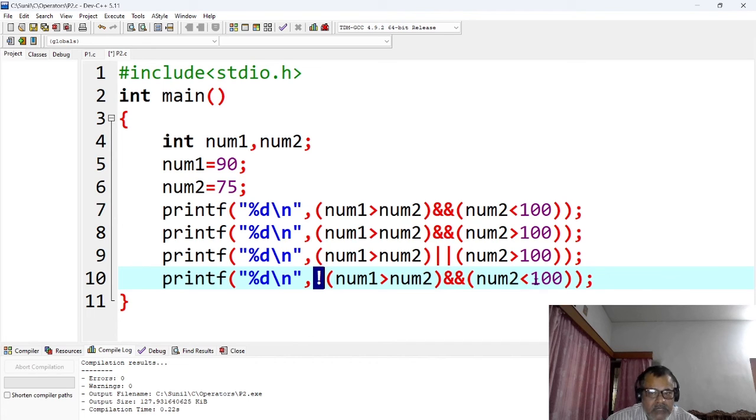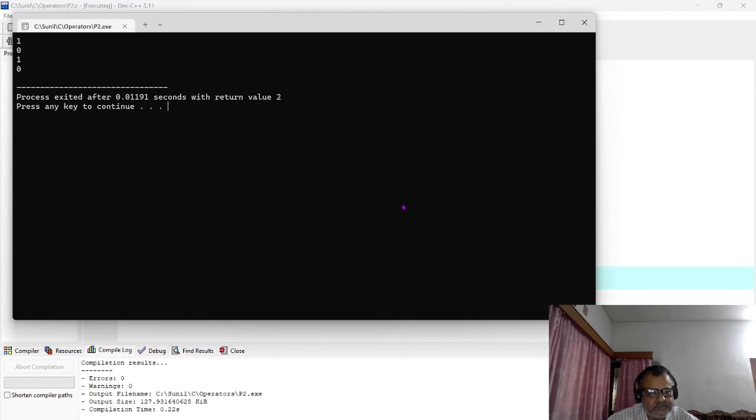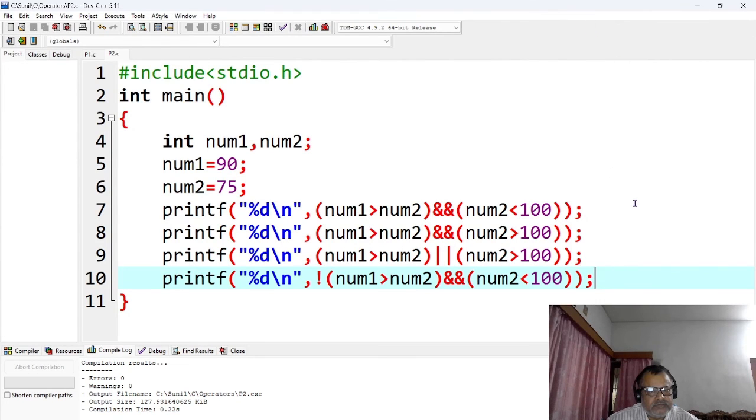And this is true, but now it will work on false and true. And in the case of the logical and operator, if any of the expressions is false, you will get false. It means here we can expect 0. Now please see. Yes, it is 0. Clear?